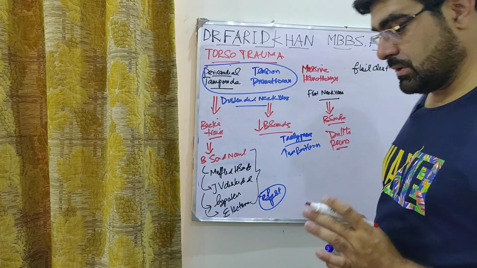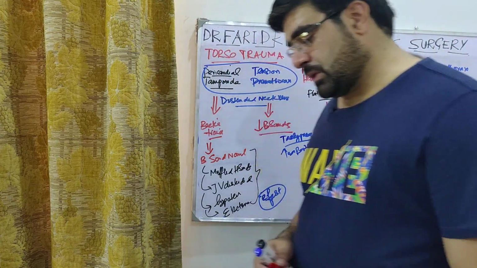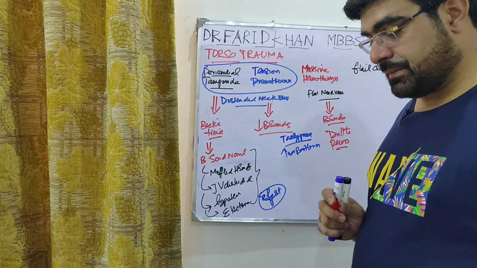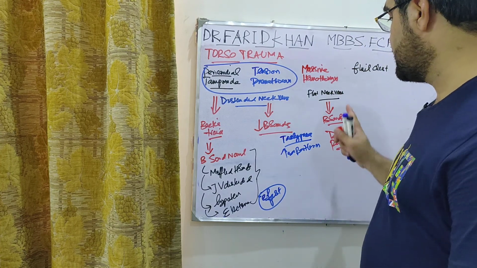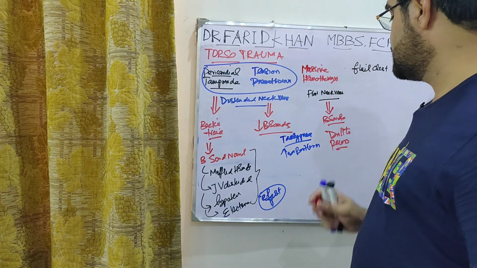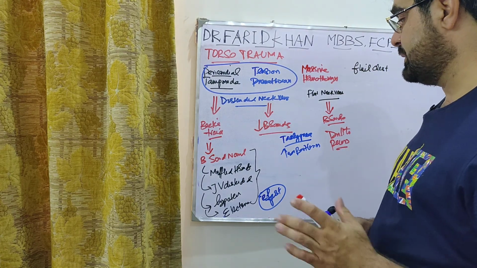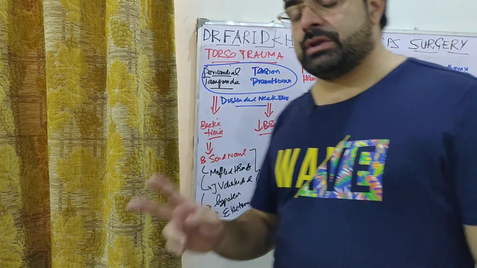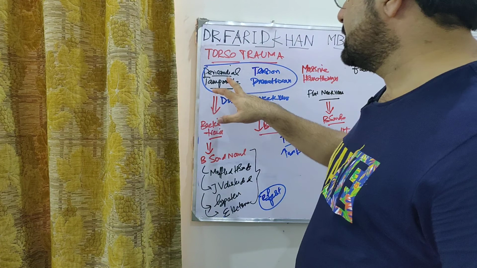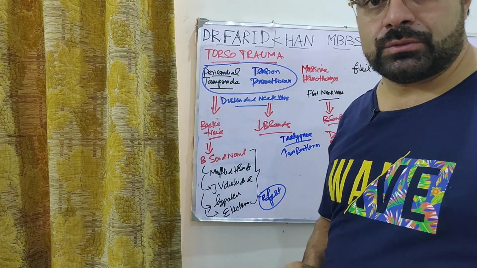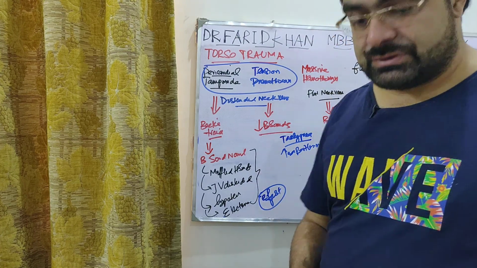Dull to percussion on the affected side, breath sound will be absent, not decreased, and there will be flat neck veins. These are very, very important TOACS stations: pericardial tamponade, tension pneumothorax, massive hemothorax, as well as flail chest.